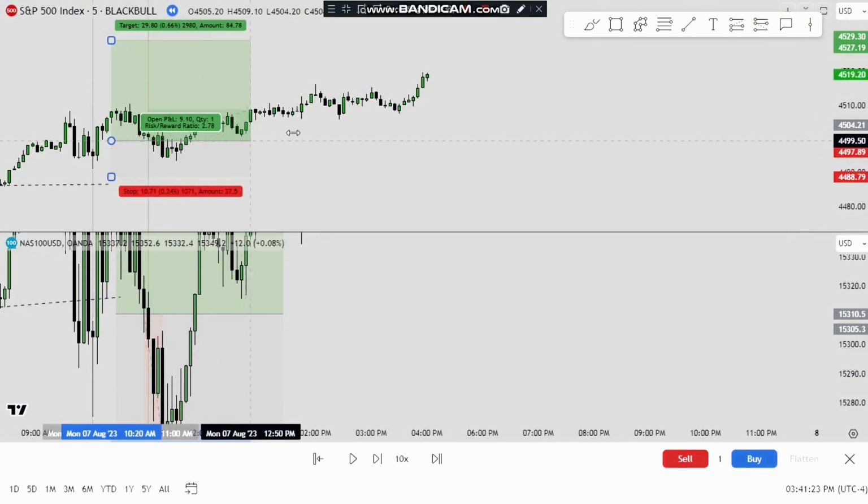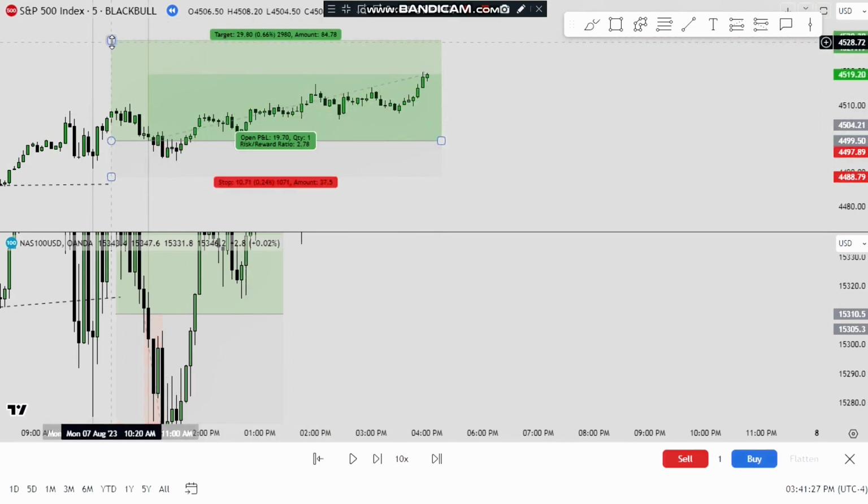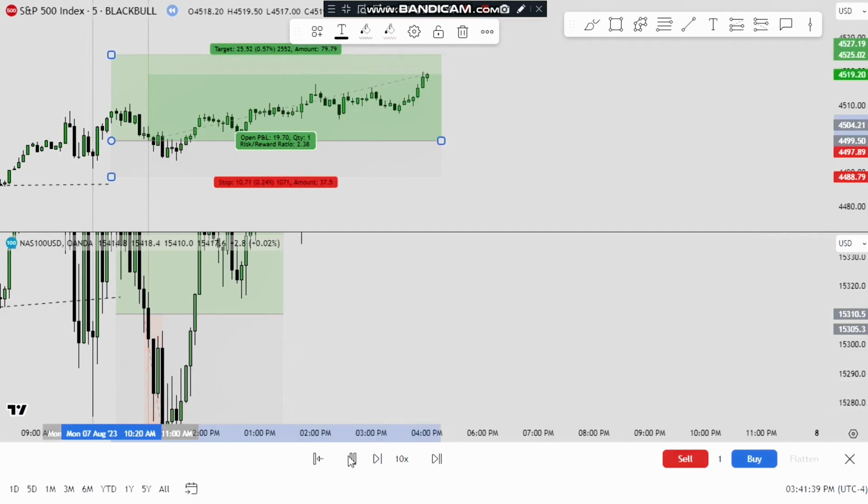You can hold as long as you don't get the target. Okay, so let me see how many handles are this. It's already good, but let's see.